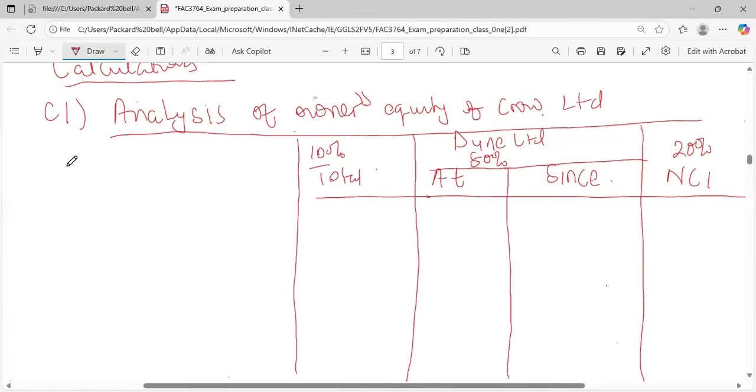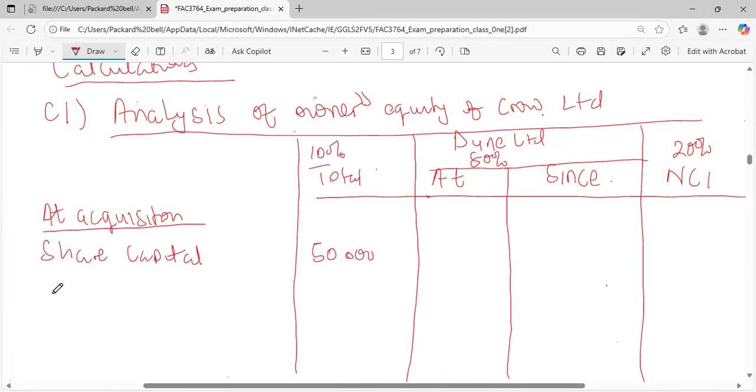Right, so we want to look at what happens at acquisition. At acquisition, we want to determine the value of equity that was purchased. So we have the share capital of Crow Limited. It's 50,000. Then the retained earning at acquisition, so this is the value of equity.